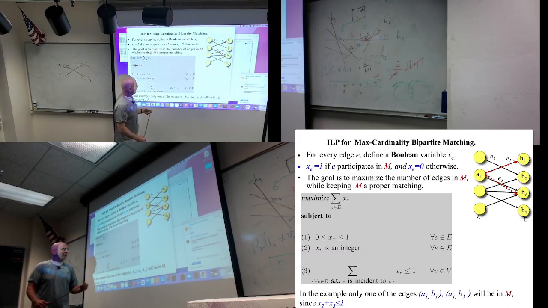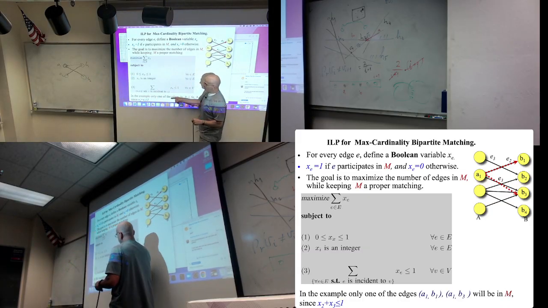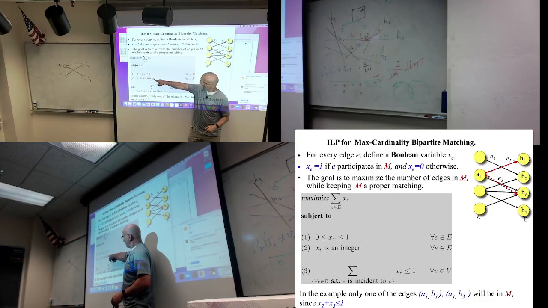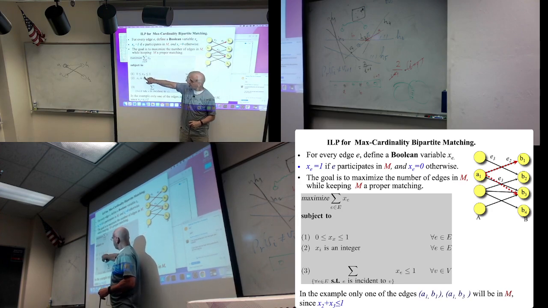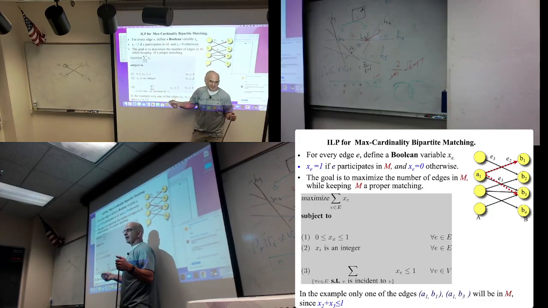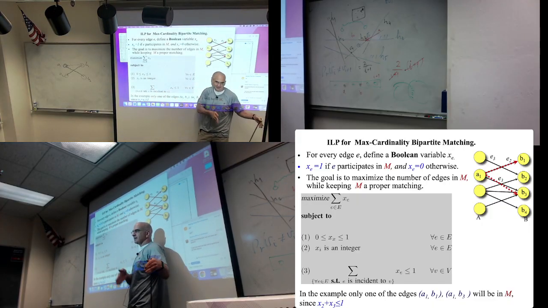And then I'll tell the ILP also that for every i, I insist that xi will be an integer. So being an integer and at the same time being between 0 and 1 doesn't leave xi a lot of options. It's either 0 or it's 1.